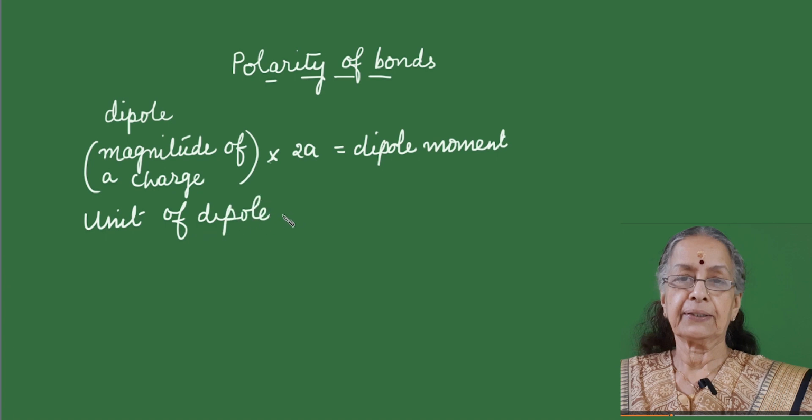Unit of dipole moment is debye, represented by the letter D. 1 D is equal to 3.33564 into 10 raised to minus 30 coulomb meter.